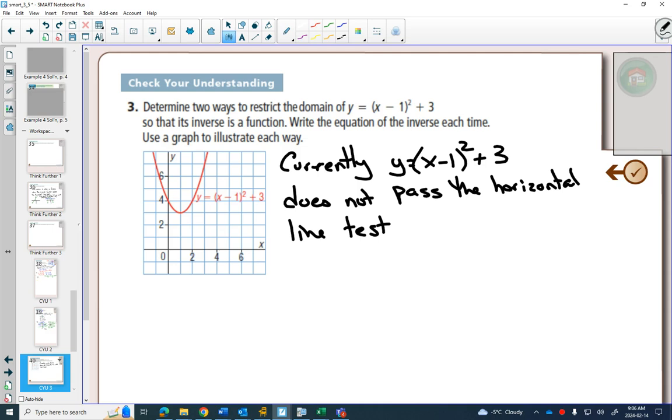When we restrict the domain, we add a restriction saying we're only allowing certain values of x. So an example of restricting the domain would be, say, I only want to take positive numbers. You often have to do that in a real life example, right?